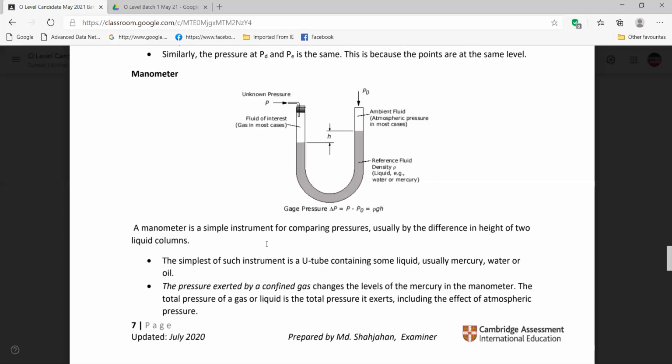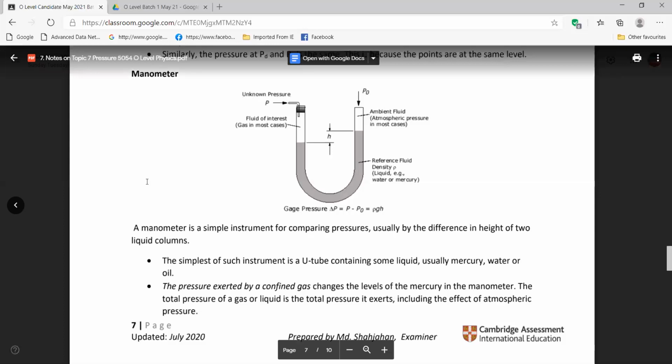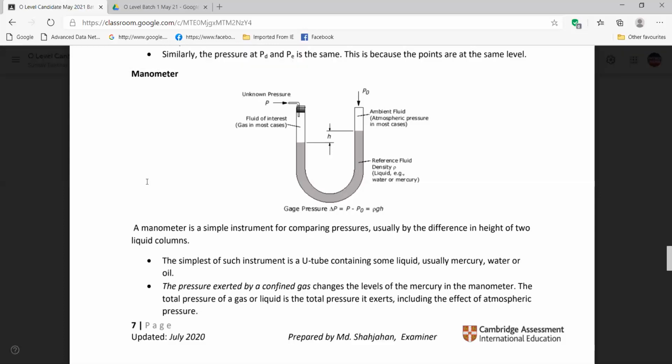Sir, one more thing. In the manometer, if the gas pressure is less than the atmospheric pressure, will the same formula help me to get the gas pressure? I mean, will the same formula be applicable? Again, please repeat. If the gas pressure is less than the atmospheric pressure, then should this gas pressure formula be applicable?